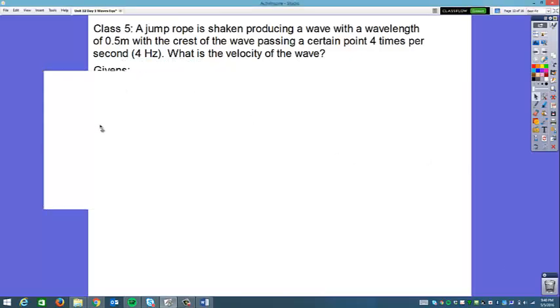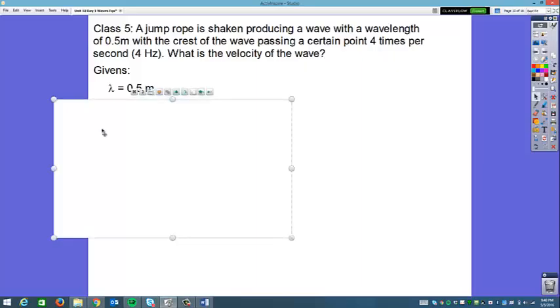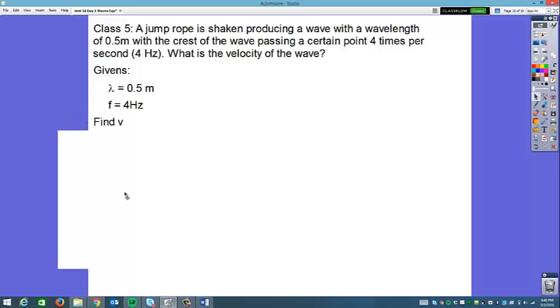So if I look at my givens, I have my wavelength. Remember, my wavelength is that upside down y, or the Greek letter lambda, and it is 0.5 meters. And then my frequency is that 4 hertz, so that number of cycles divided by the total time. And I am looking for the velocity.